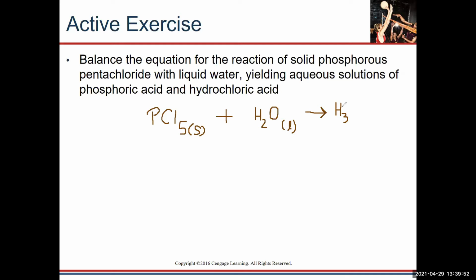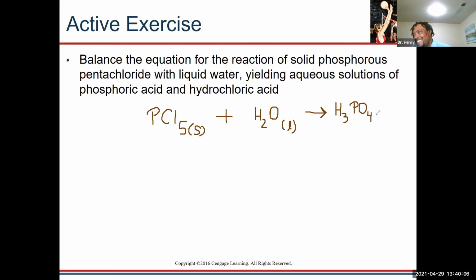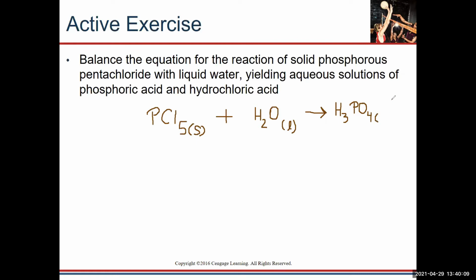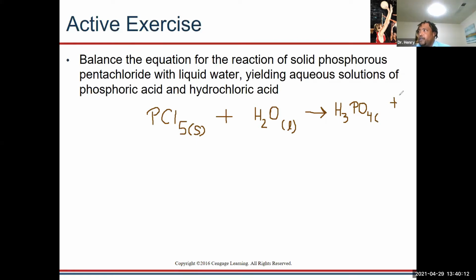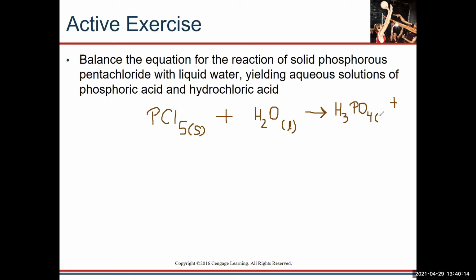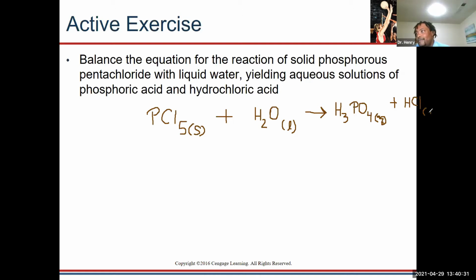PO4, oh, 4, sorry. Plus HCl. And what is the state for it? Aqueous. That's right. HCl, and that's aqueous.